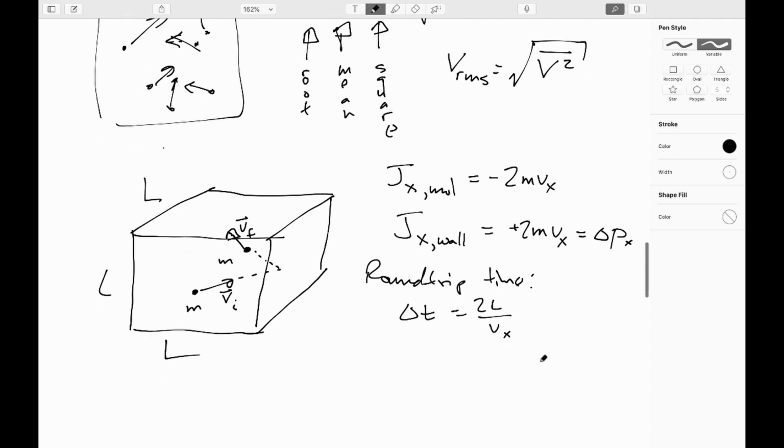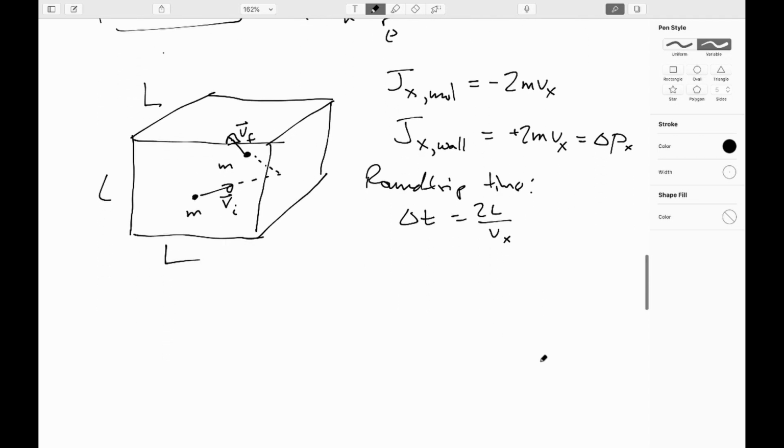Now with that, we can describe the average force that the molecule exerts on the wall. That'll be by Newton's second law, and again, this is the x component: delta p sub x over delta t.